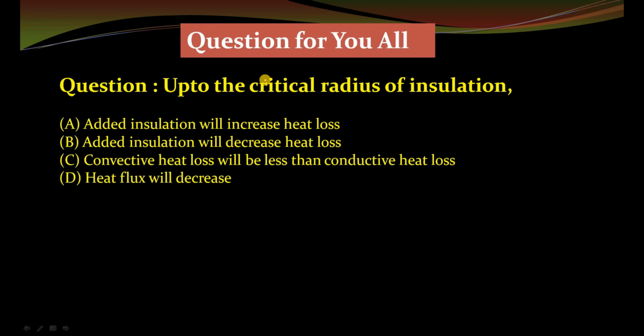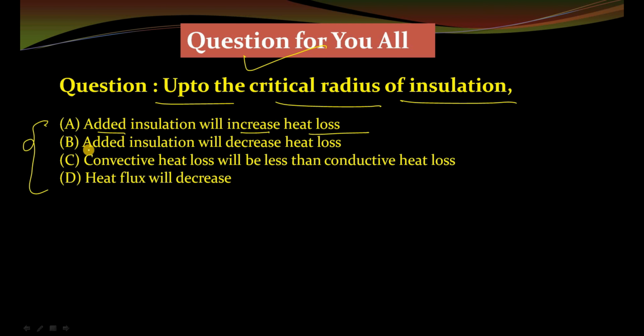Now here is the question for you all, and you all have to give me the answer of this question in the comments box. Okay, and the question is: up to the critical radius of insulation, and here are the four options. The first one is added insulation will increase heat loss, added insulation will decrease heat loss, convective heat loss will be less than conductive heat loss, and the fourth option is heat flux will decrease.